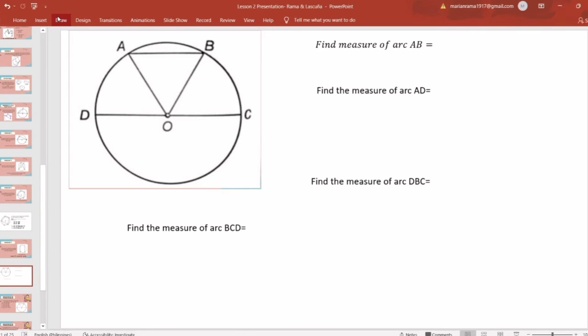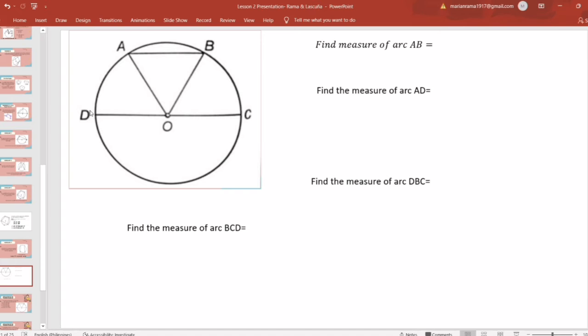Given this figure, in circle O, DO is equal to AB, and the measure of arc DB is equal to 120.